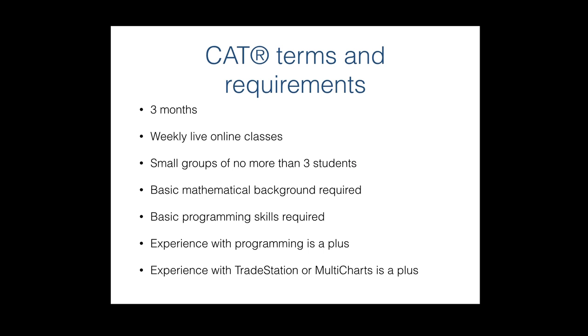We work in small groups that do not exceed 3 students, and we try to combine students into these groups so that they all have more or less similar level, more or less similar background. We meet once a week in an online class that lasts 1 hour and a half or 2 hours, perhaps even more sometimes.